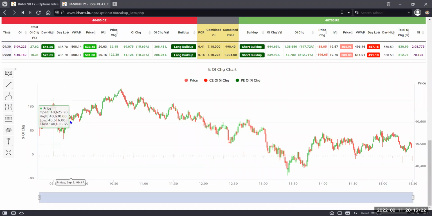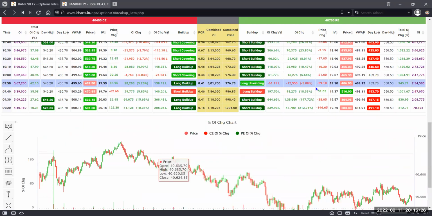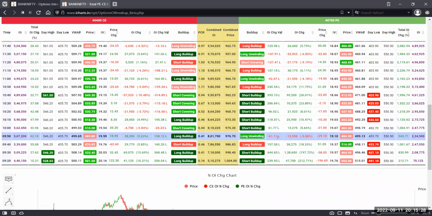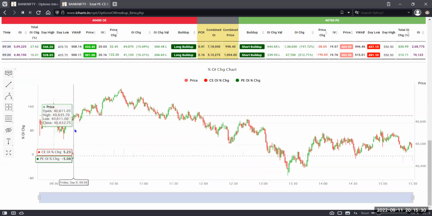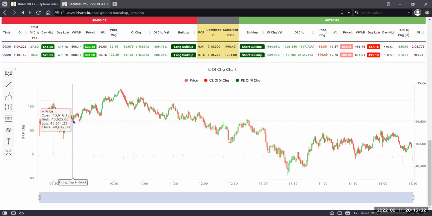At 950 here, price has to break down from here for this particular signal to be valid. This 949 candle is where this will end at 950 here.